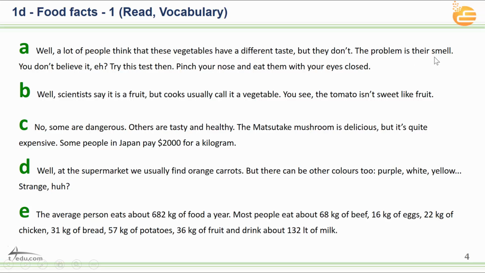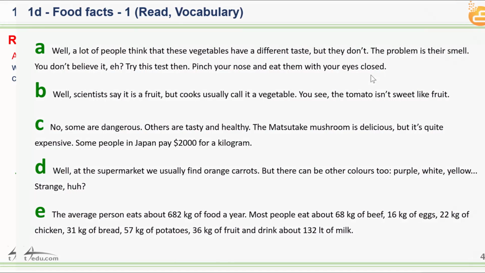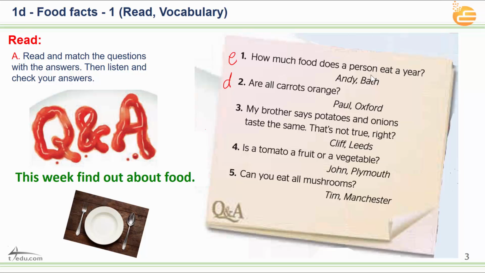The problem is their smell. You don't believe it? Huh? Try this test then. Pinch your nose and eat them with your eyes closed. Okay, so we said number 3 with A. This one A, okay, very nice.